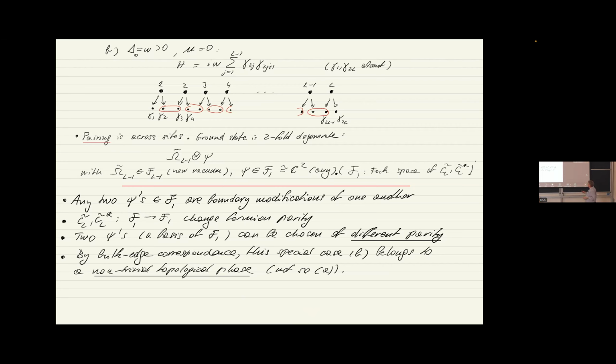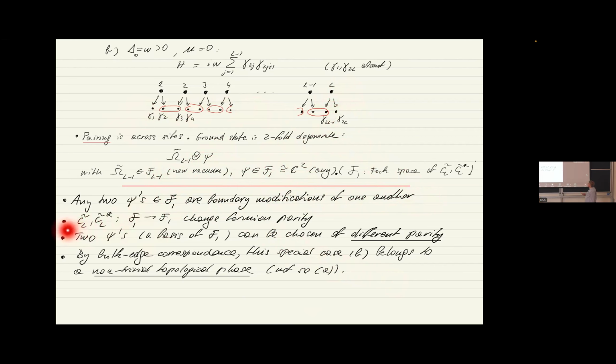So what can we notice here? Any two psi's that you can use there are just boundary modifications of one another. They just differ in this C2 that models a degree of freedom at both boundaries.